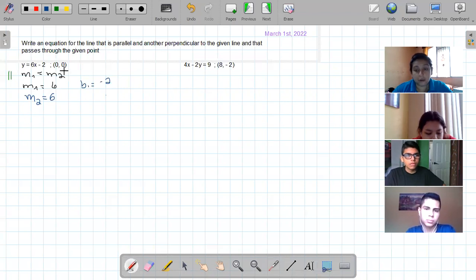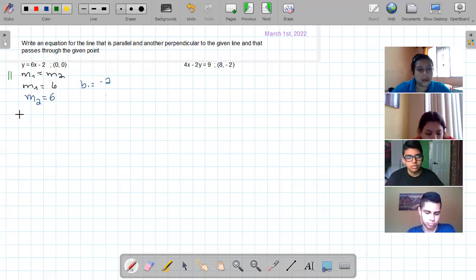We have a given point and we have a given slope. What type of equation can we write? In what form? In point slope. Exactly, in point slope.